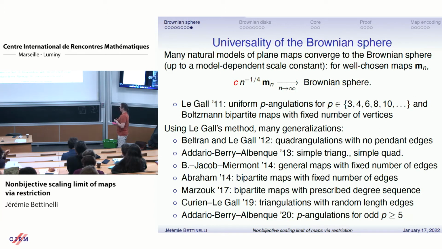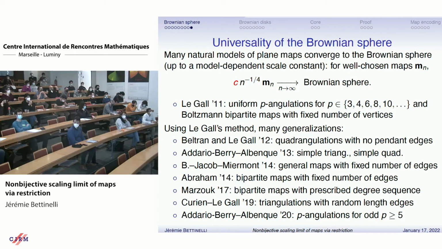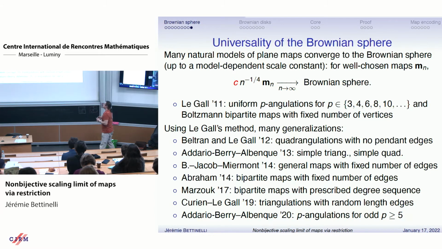So I have many examples. First of all, Le Gall also considered not just quadrangulations, but also p-angulations. So it means that all the faces have degree p, for p either even or 3. And also for maps with a Boltzmann distribution.